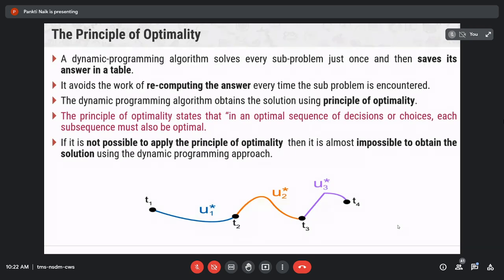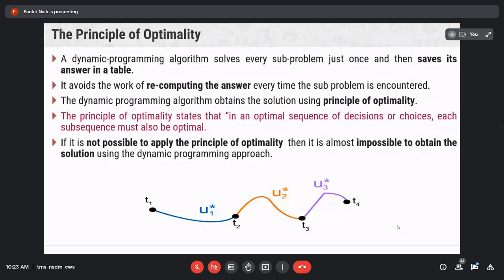So the first step in dynamic programming is to characterize the structure of an optimal solution. That means develop a mathematical notation that can express any solution and sub-solution for the given problem, right? Second step is to recursively define the value of an optimal solution, right?